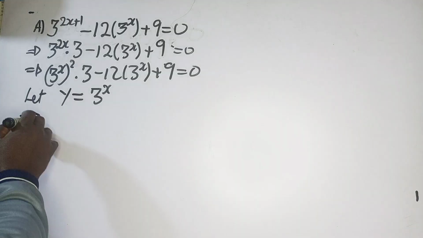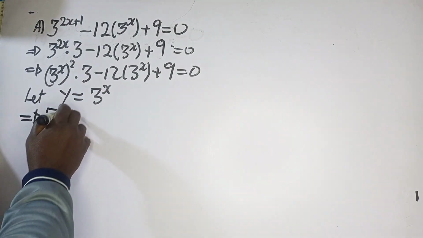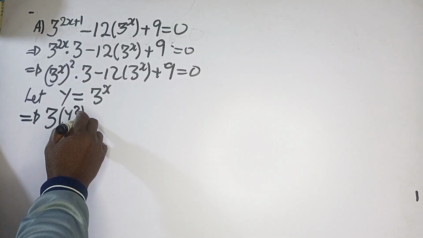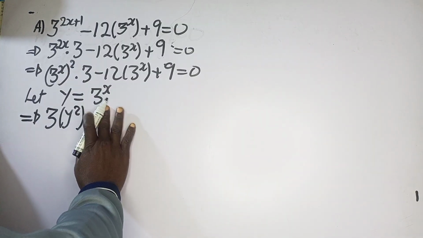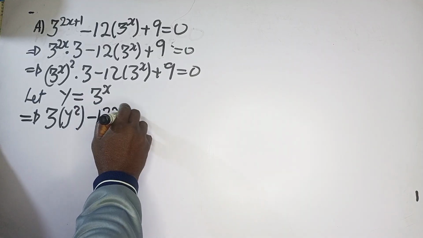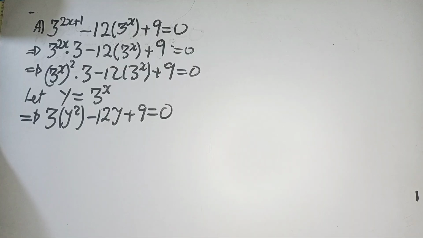So our equation now becomes 3y squared minus 12y plus 9 is equal to 0. All right, we obtain this new equation, 3y squared minus 12y plus 9 equals 0.